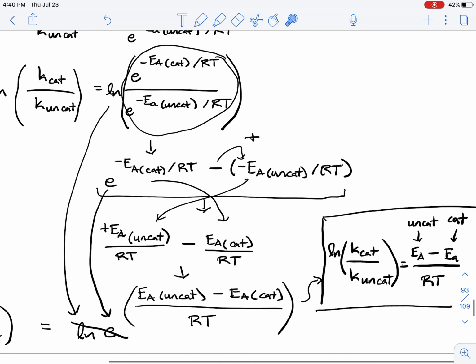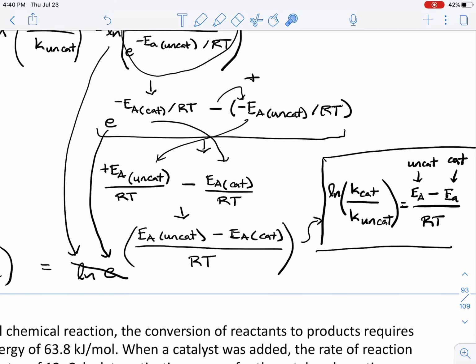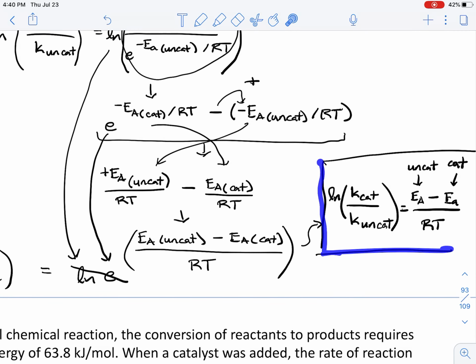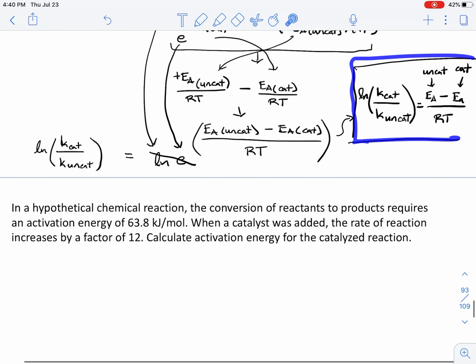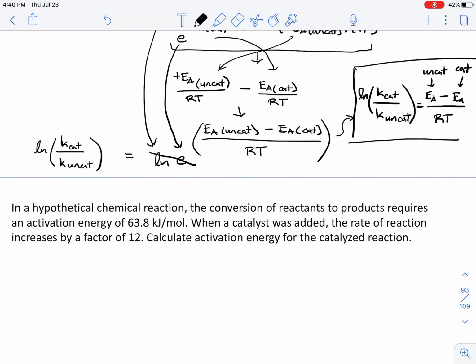Okay, all right, so let's apply this equation to one problem. In a hypothetical chemical reaction, the conversion of reactants to products requires an activation energy of 63.8 kilojoules per mole.